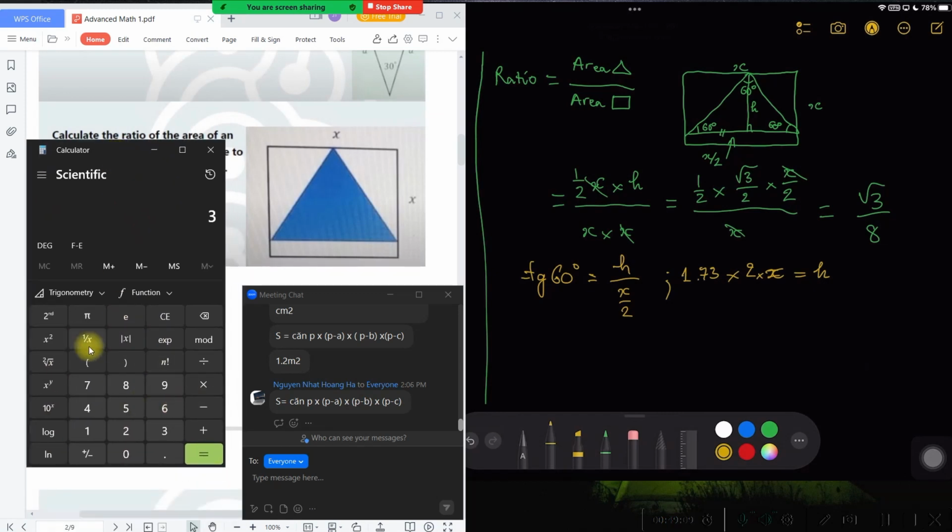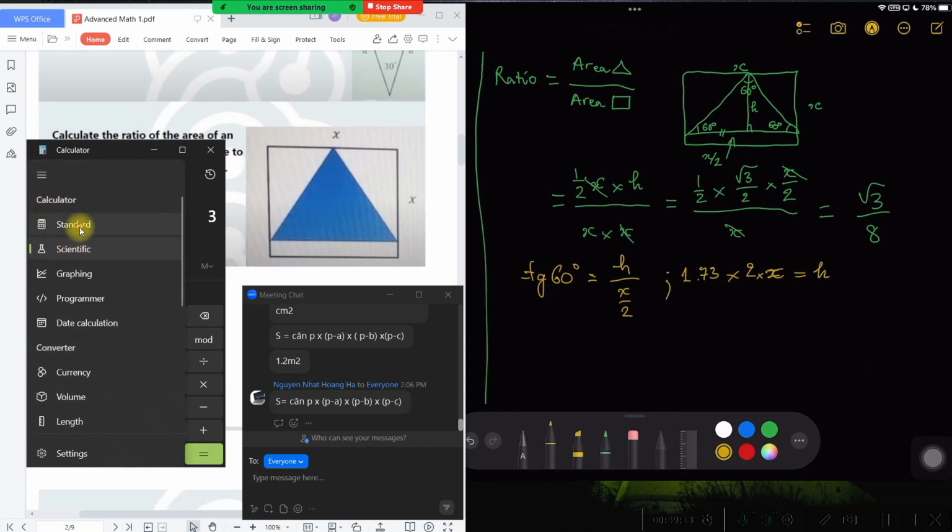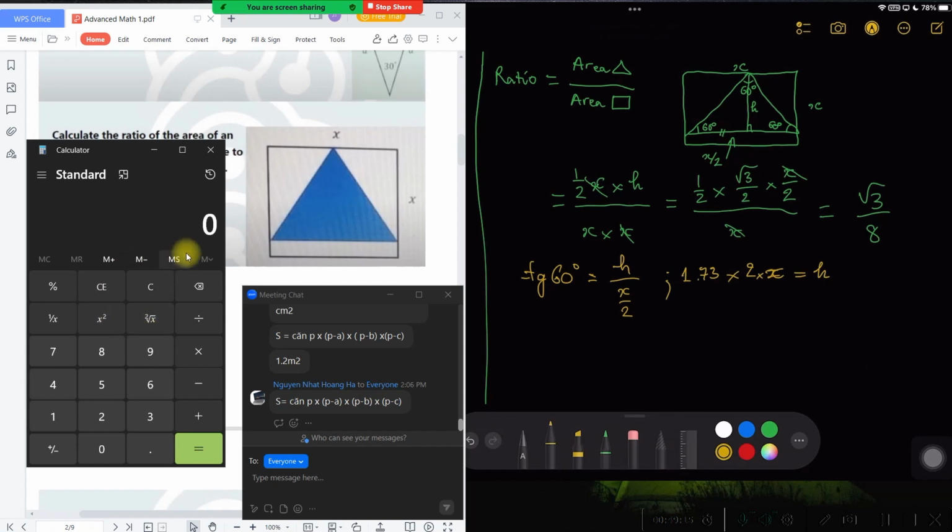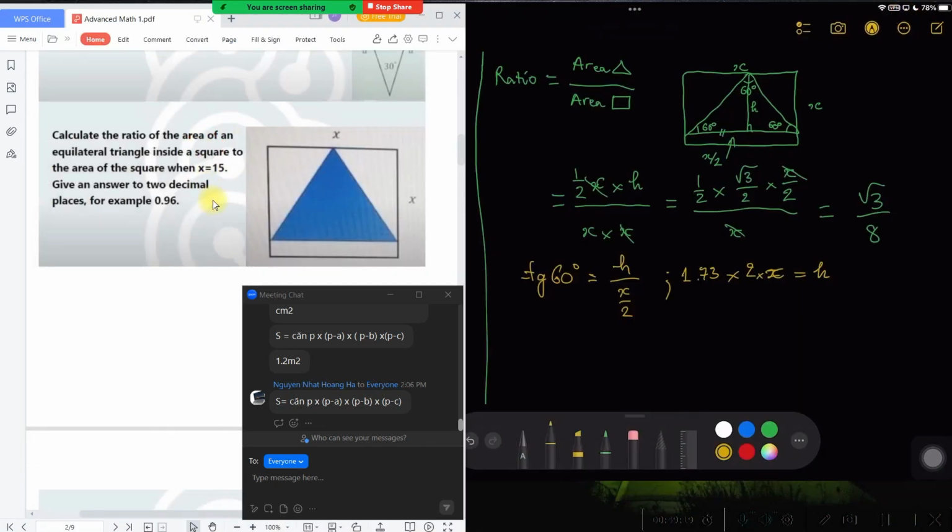I don't like to use this kind of calculators. It's annoying. Anyway, mấy bạn ra được ratio bao nhiêu? What's your ratio? Class, hello? Yes. I can't hear you. Ra được nhiêu mọi người?